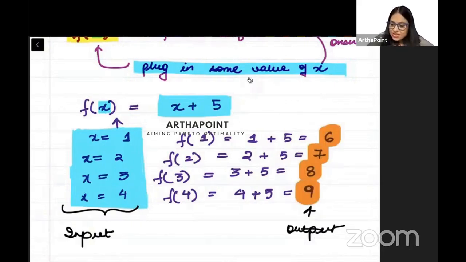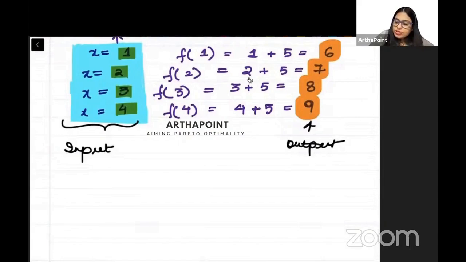So I plug in some input and I get some output as the answer. Clear? ठीक है बेटा. Now, the question is, what inputs can we put?